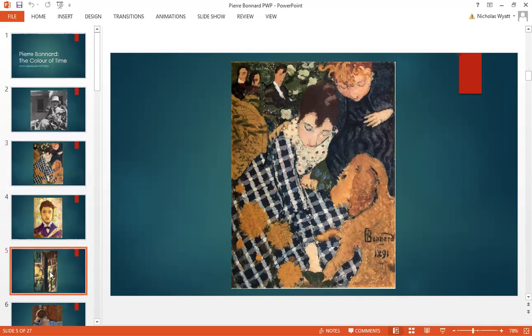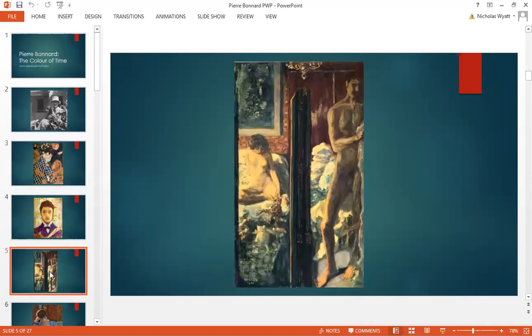And if we look at this painting here by Bonnard, this is a typical kind of intimist scene, painted in about the very early 1900s, 1903, 1904.